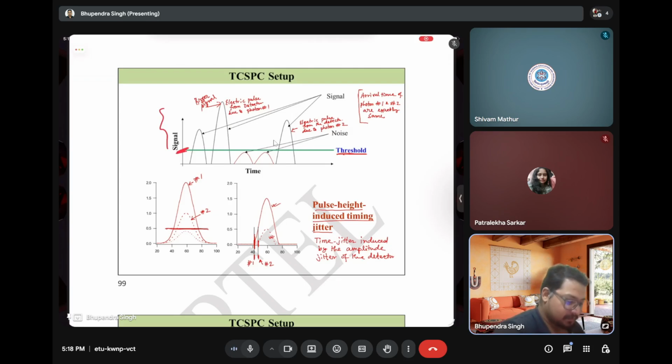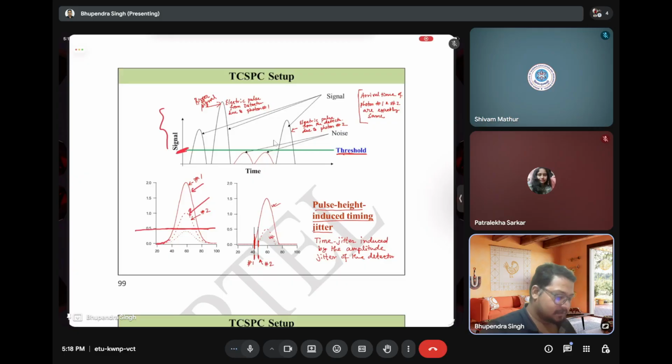So even though, let's say you have the first signal and the second signal with different amplitude, and they are coming at the same time, see, look at here, coming at the same time. But because of the thermal noise, you have to give this barrier.